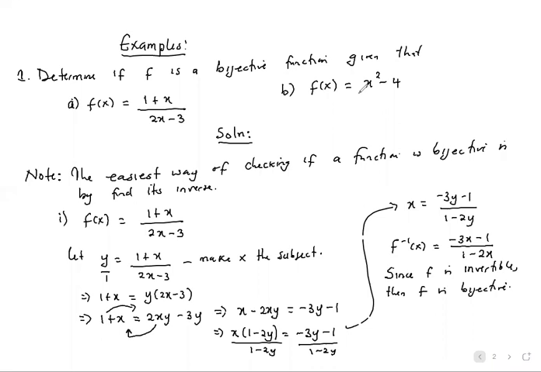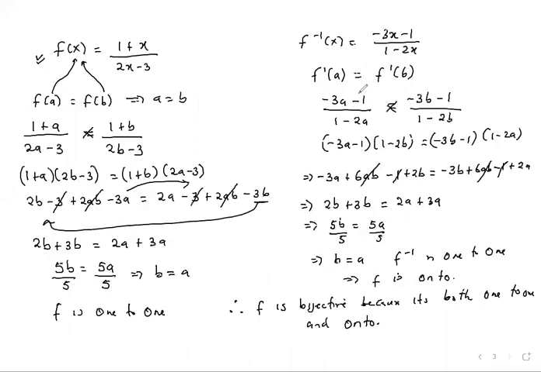Okay, Precious. So I've got a question on the second way in which you solved it for A and B. So if the original function is 1-to-1 and the inverse is also 1-to-1, meaning that the function is onto.